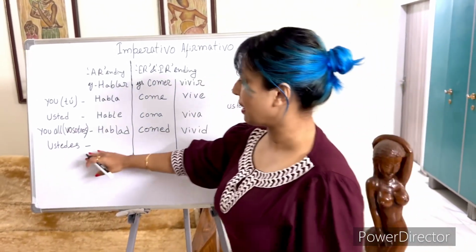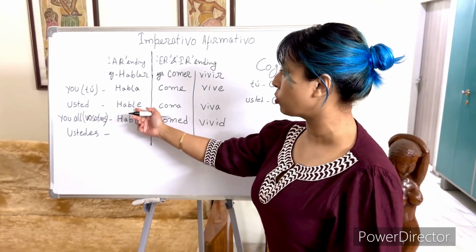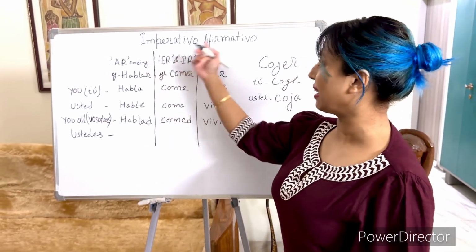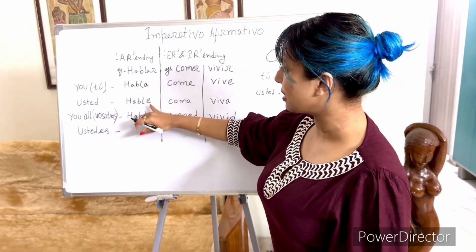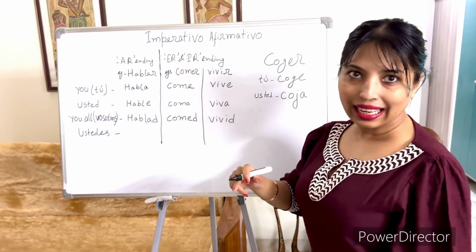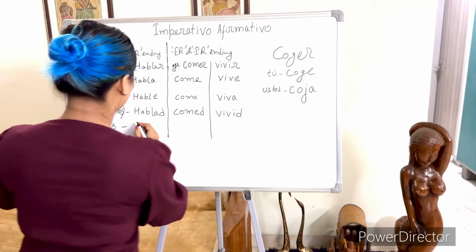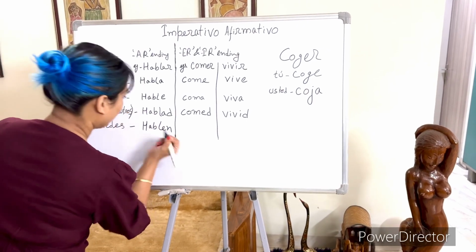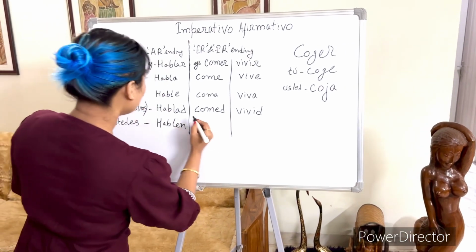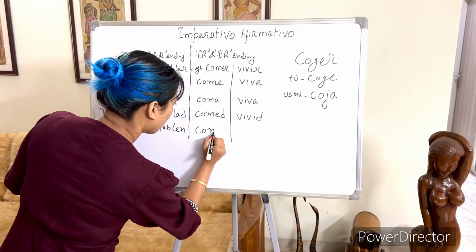And now the ustedes form. The ustedes form is also very simple. You have to remember the usted form in the imperative case and then you just need to add N. So it would be hablen, coman.